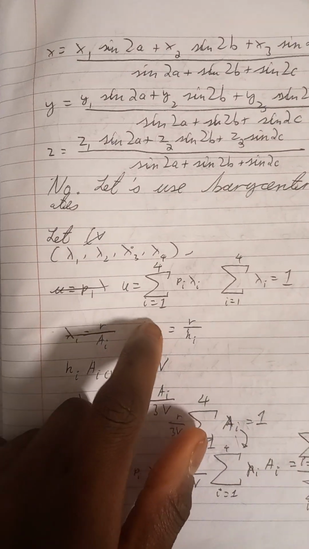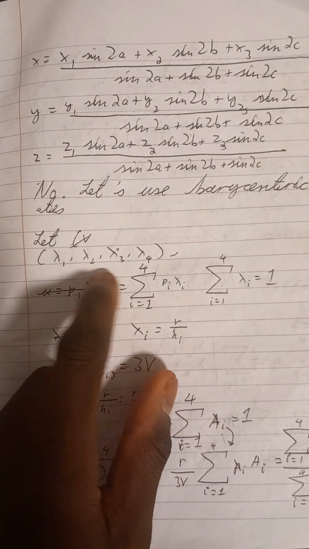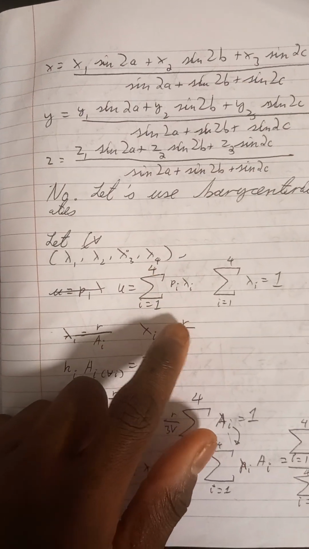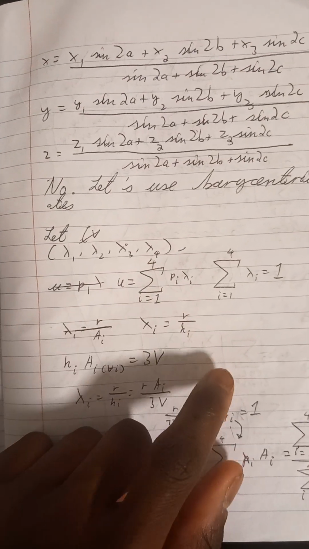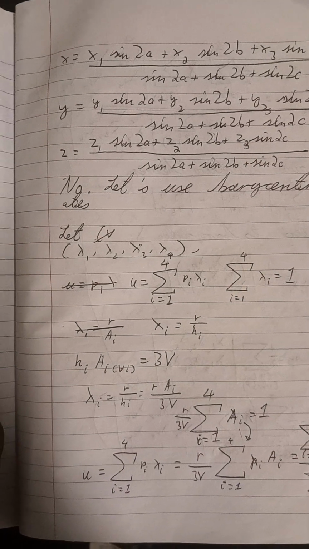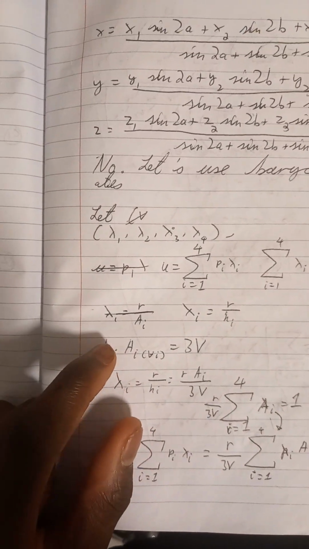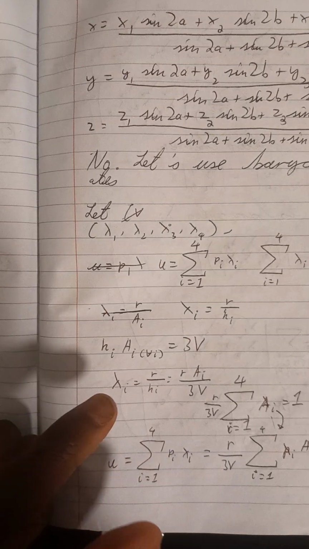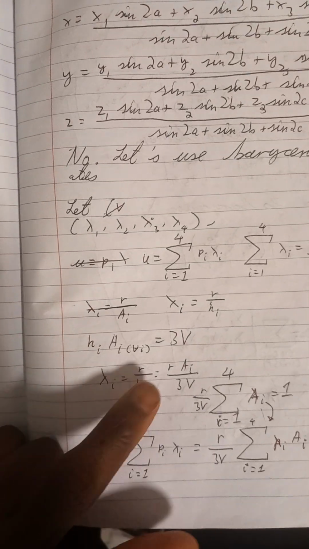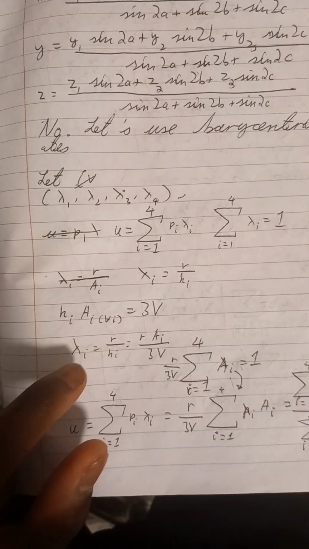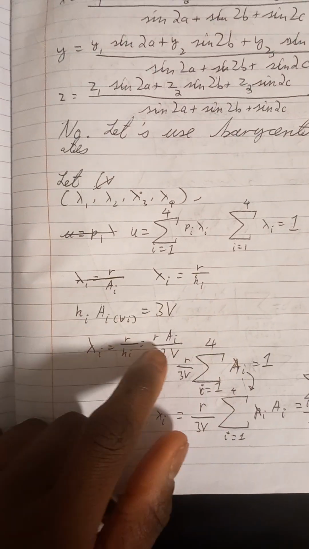So we let the lambda of i be equal to the radius over the height corresponding to the opposing area. As a result, we can easily derive that the height corresponding to the opposing area multiplied by said area is 3 times the volume. And therefore, we could turn this equation into this.